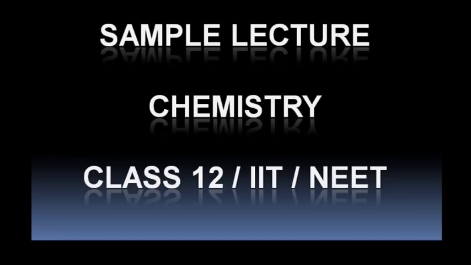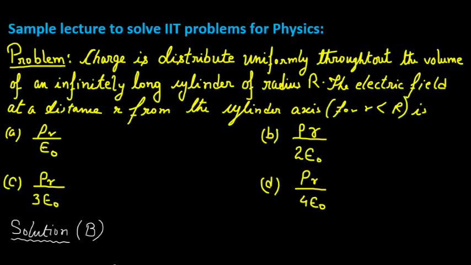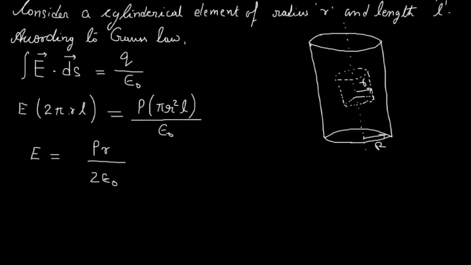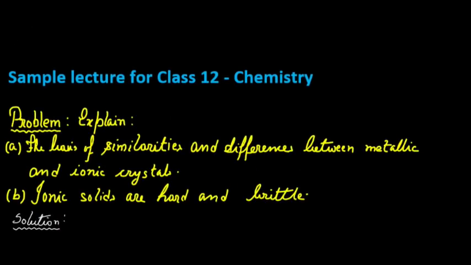Now let us go through a sample lecture, chemistry, class 12, IIT, NEET, etc. The first problem was asked in the 12th boards: the basis of similarities and differences between metallic and ionic crystals.